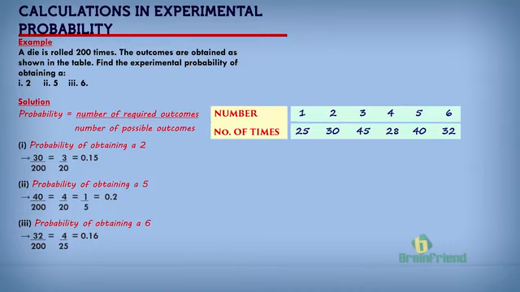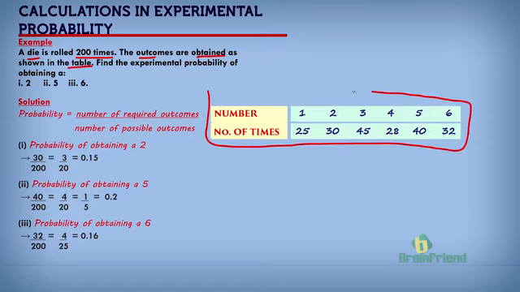Now we'll carry out some calculations on experimental probability for better understanding. A die, which is simply your dice, is rolled 200 times. The outcomes are obtained as shown in the table below. We've been asked to find the experimental probability of obtaining a 2, a 5, and a 6.